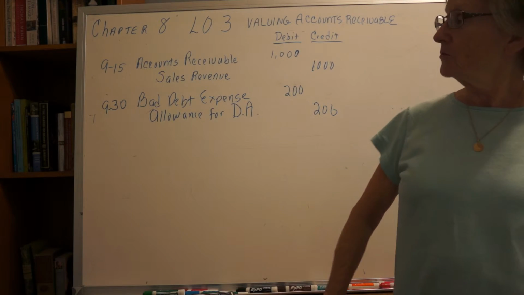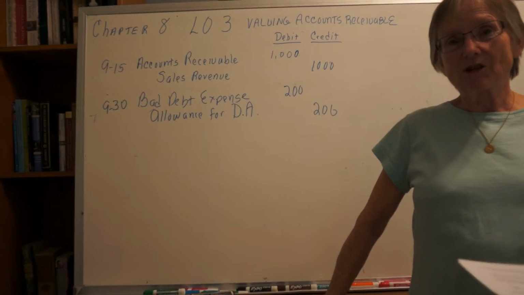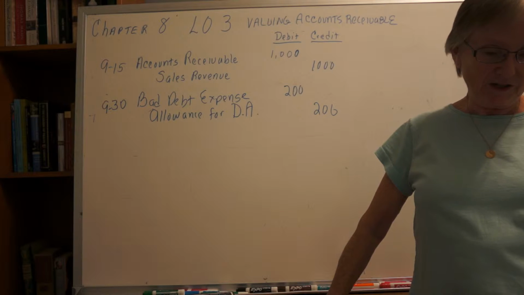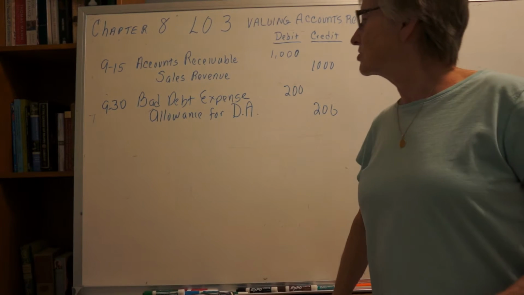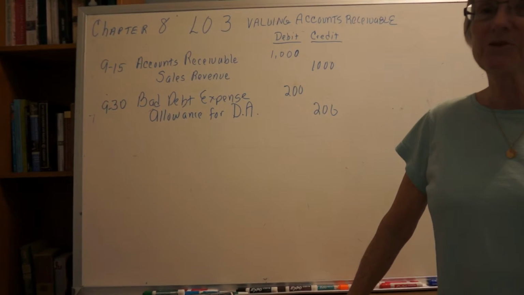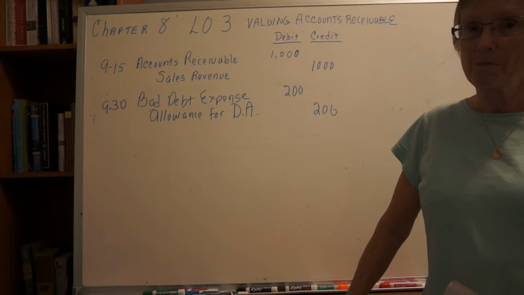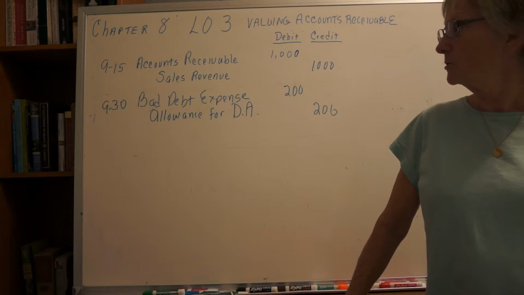And so the allowance for doubtful accounts, as we just saw before, is going to be reported on the balance sheet. And the allowance for doubtful accounts is a contra asset account. It's a contra account to accounts receivable, so it reduces the valuation of the accounts receivable.